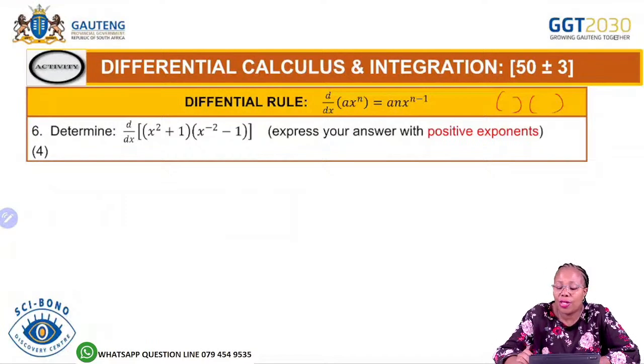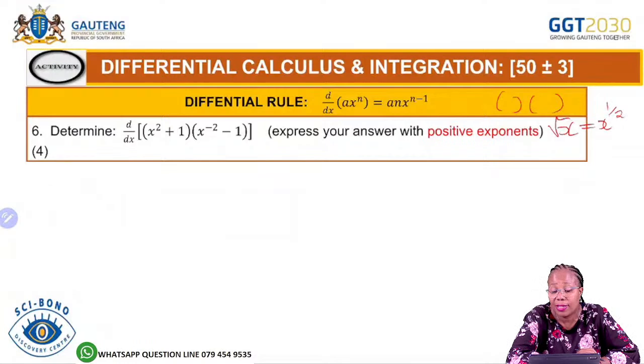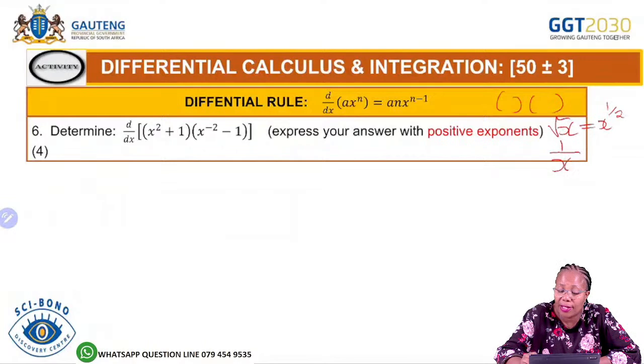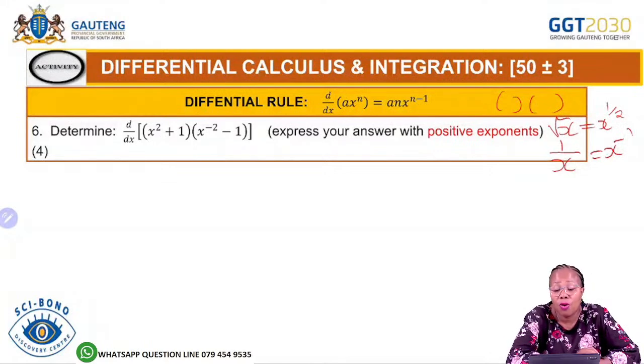Secondly, you ensure that you don't have the square root of x. You must write it in exponential form. No radicals, no root signs in your expressions. And lastly, you must ensure that you don't have something like 1 over x in the denominator. You must write it in the form x to the power minus 1 before you derive.